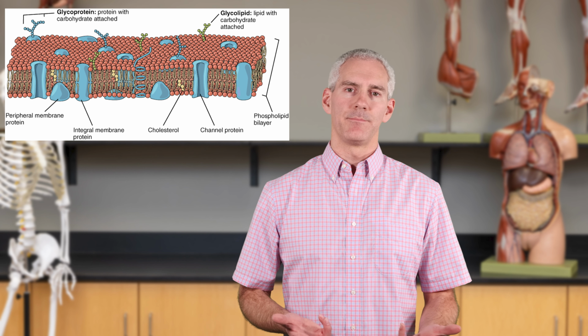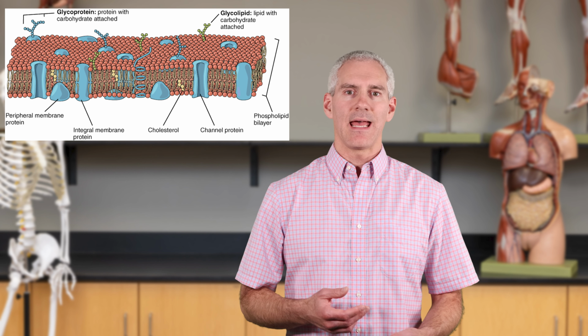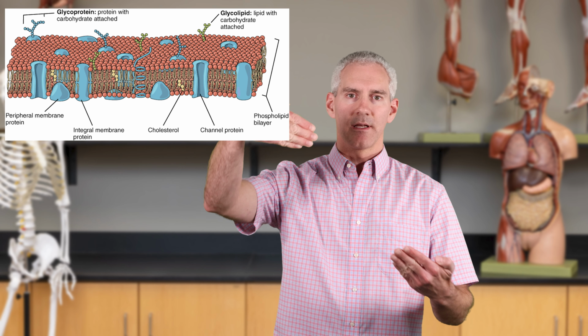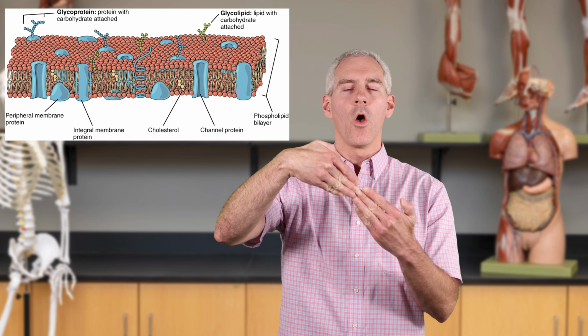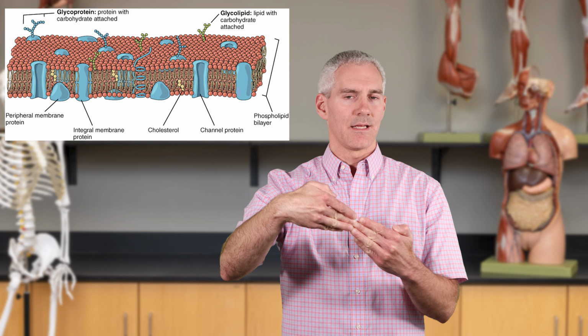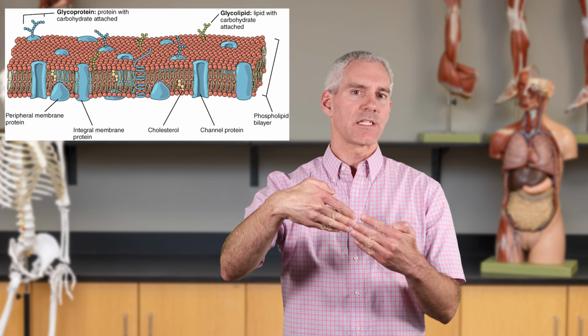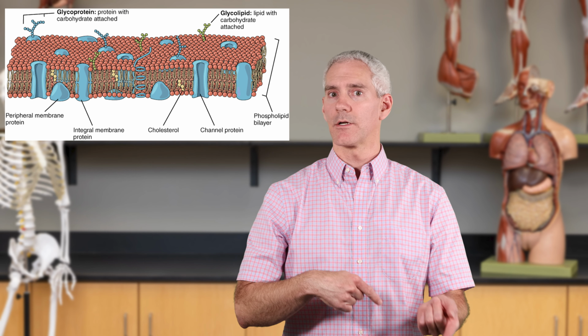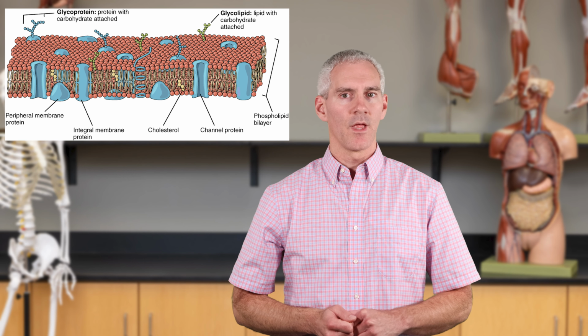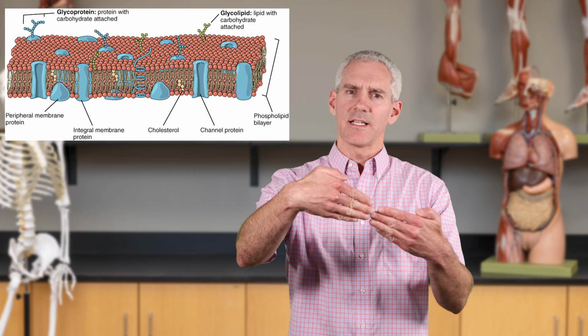Now, the phospholipid bilayer is going to end up having two phospholipids, basically tail to tail. Reason being, the tails of the phospholipids are hydrophobic. Hydro, water; phobic, fearing. So they're water fearing, so they face in.